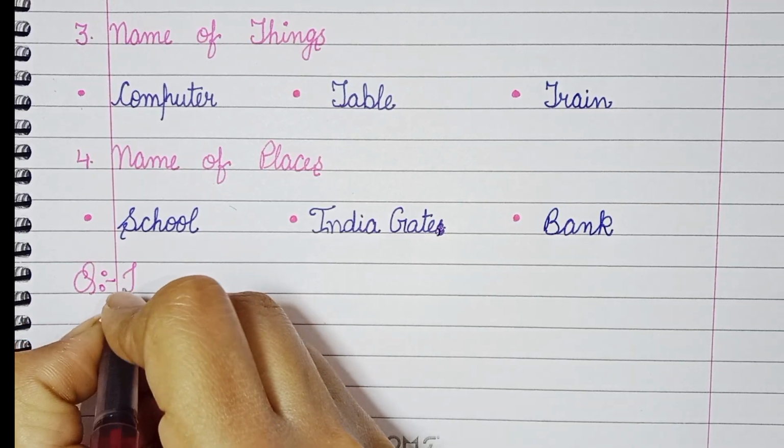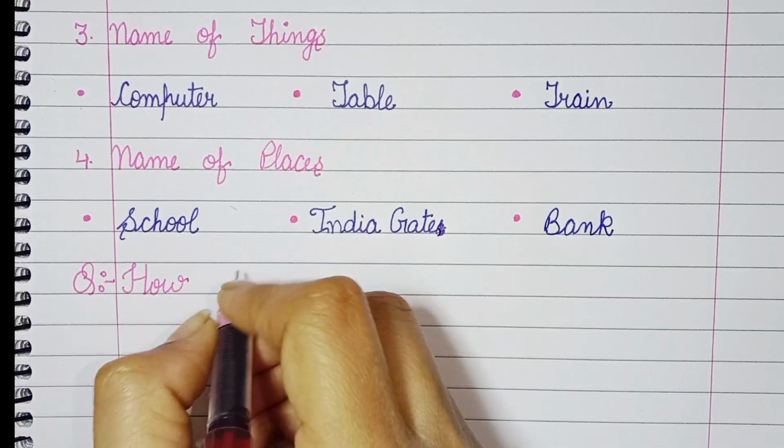And the next question is how many types of noun?